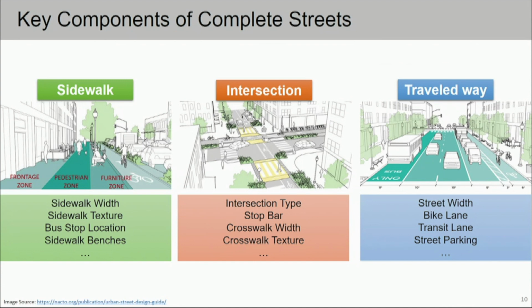Likewise, intersections are the second category, with multiple kinds of objects you can manipulate, as well as the segment or traveled way, where you could choose all sorts of configurations.